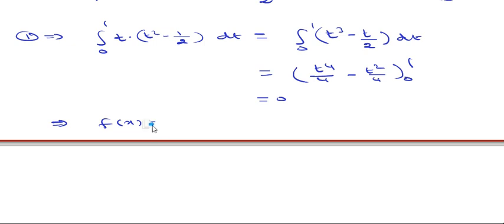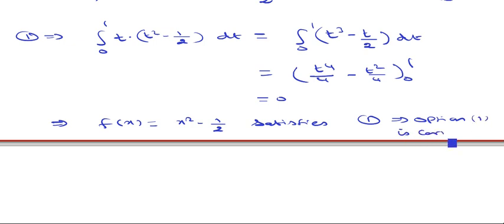This implies f of x equal to x square minus 1 by 2 satisfies the condition. So option 1 is correct. Similarly, we have to check for the remaining options.